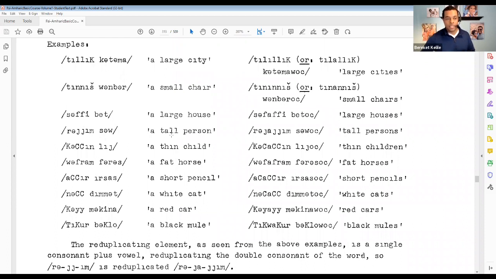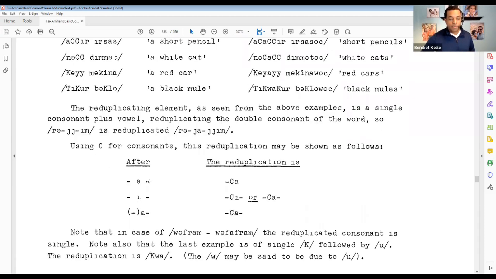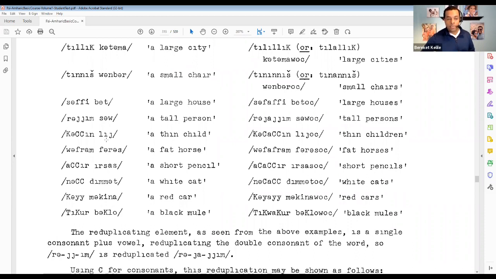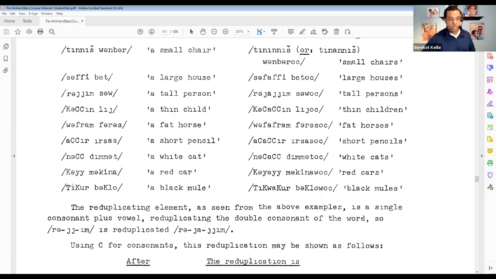Safi becomes Safafi. Rajim becomes Rajajim. Tiluk becomes Tililuk. Tinish becomes Tininish. But then you have some examples where, as in the last one, Tikor becomes Tikwakor.